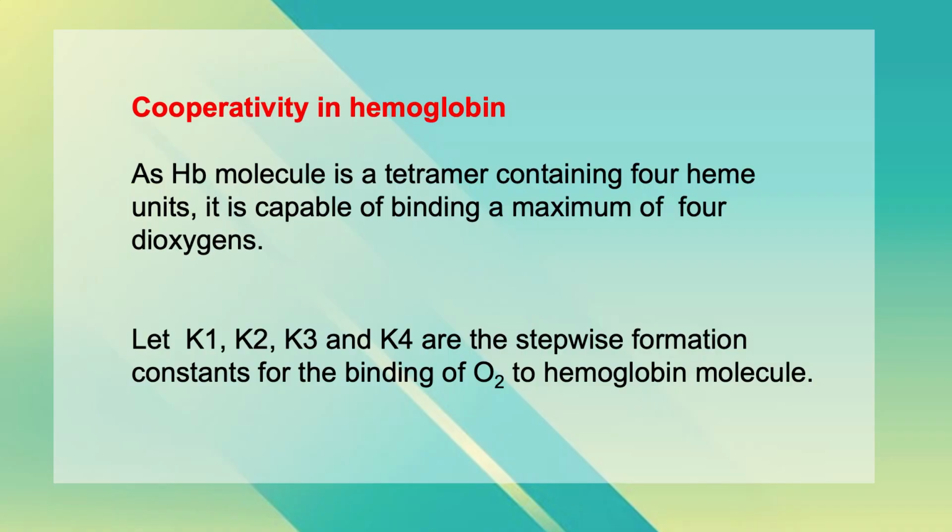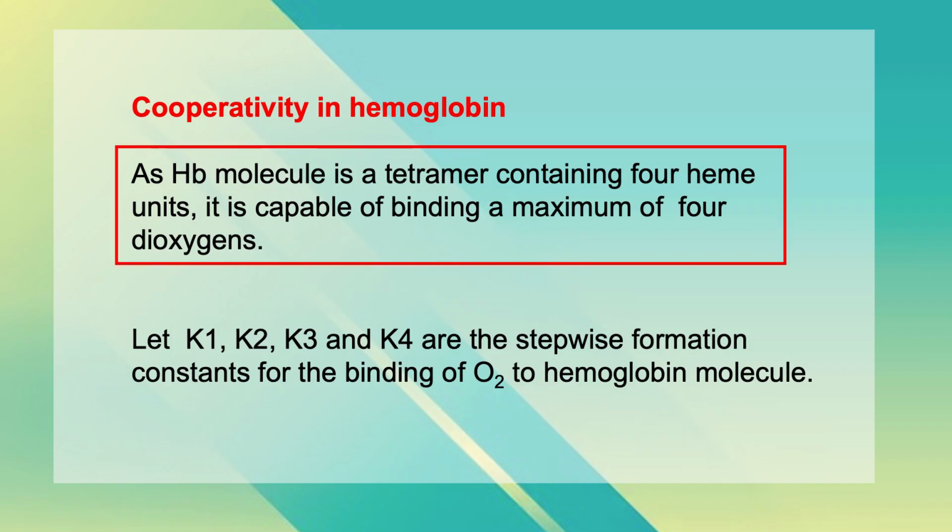Now, let us see what is the cooperativity effect in hemoglobin. We already know that hemoglobin is a tetramer that contains 4 heme units, and each heme unit is capable of binding an oxygen molecule, so we can bind a maximum of 4 oxygen molecules.